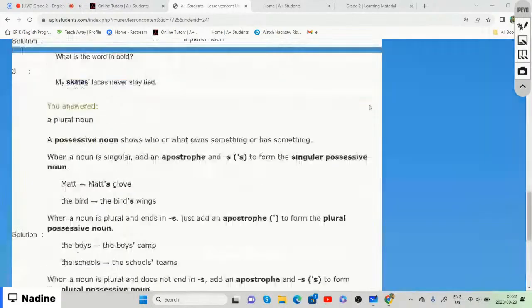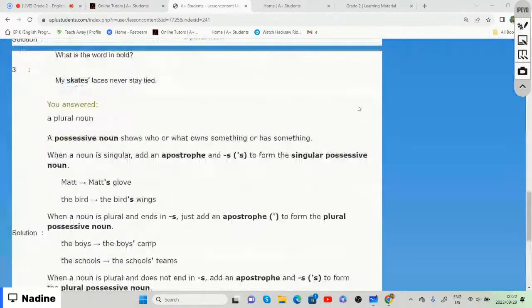And then the skates' laces never stay tied. Skates. And there we have an apostrophe.